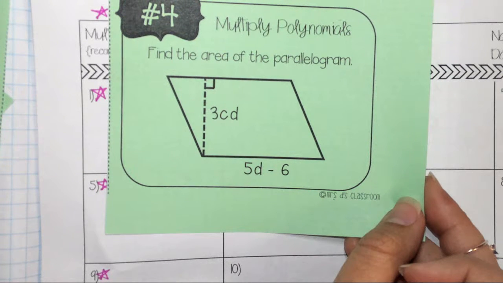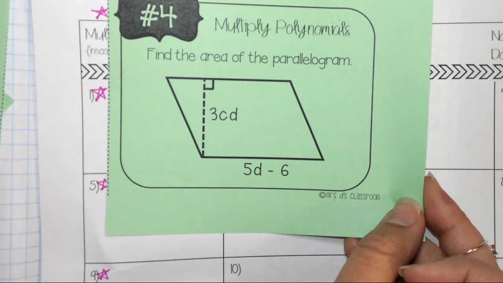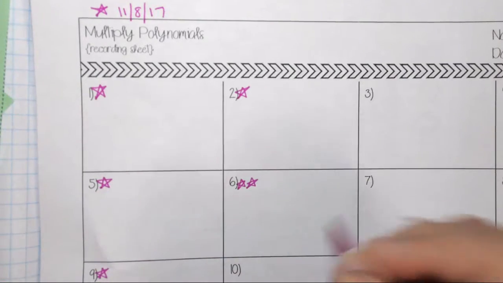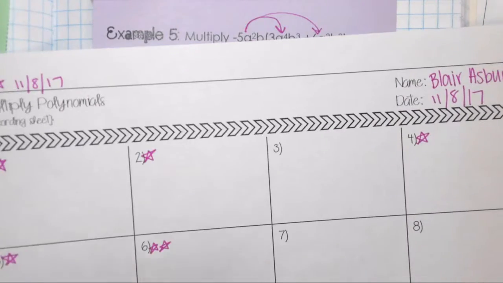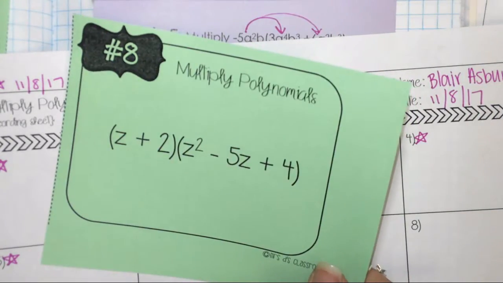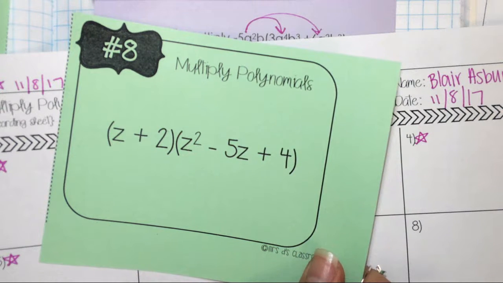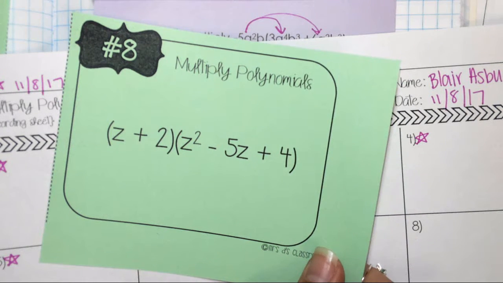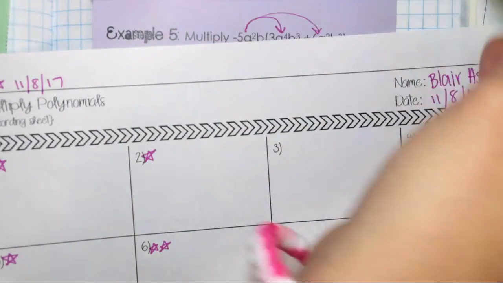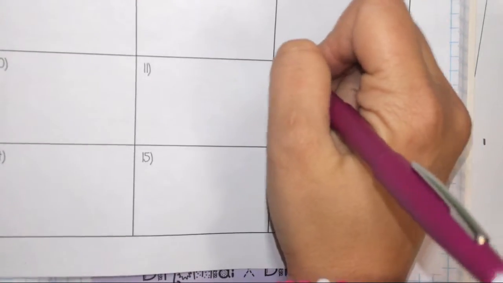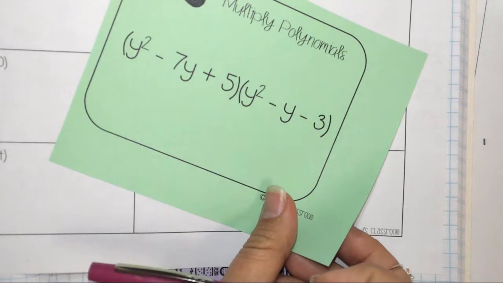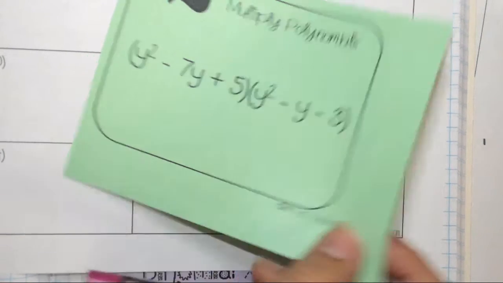Yes, we can do this. All right, what about 8? No. It's a binomial times a trinomial. Have we done that yet? Nope, so set it aside. What about 12? Yes. So put a star by 12. And finally 16. Nope.